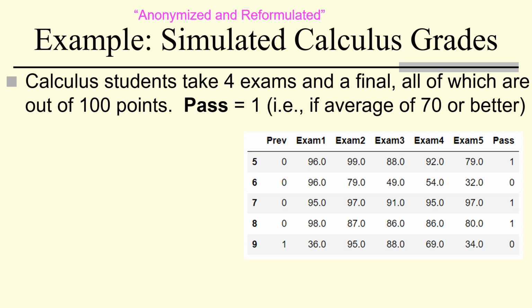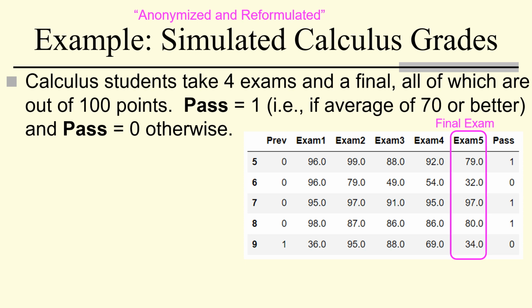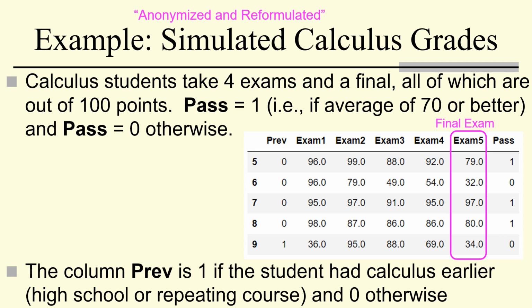They pass the class, or pass equals 1, if the average of the exams is 70 or better. Otherwise, pass is 0, which corresponds to failing the course. Recall that exam 5 here is the final exam. Previous is 1 if the student had calculus earlier, maybe in high school, or they're repeating the course, and 0 otherwise.